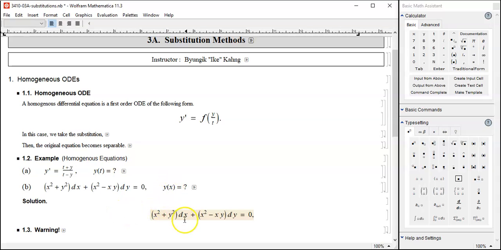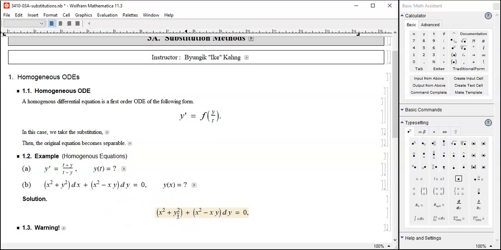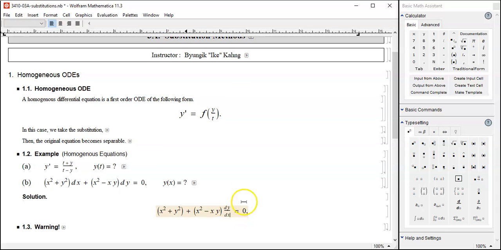Here, independent variable is x, so let's divide by this. Okay, we have this. And as you can see in this standard form, I want the derivative equals to something, so I have to solve for this dy over dx. So let's flip this one to the other side and then divide.